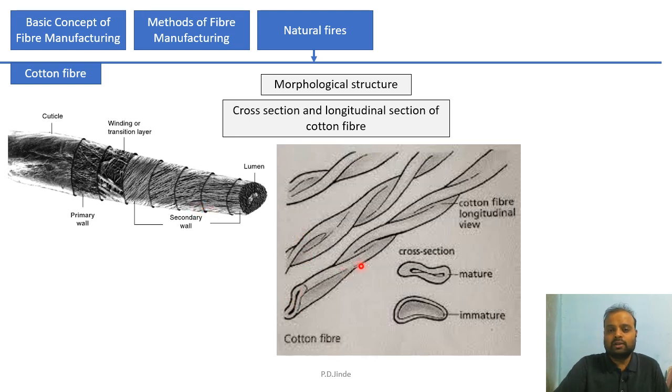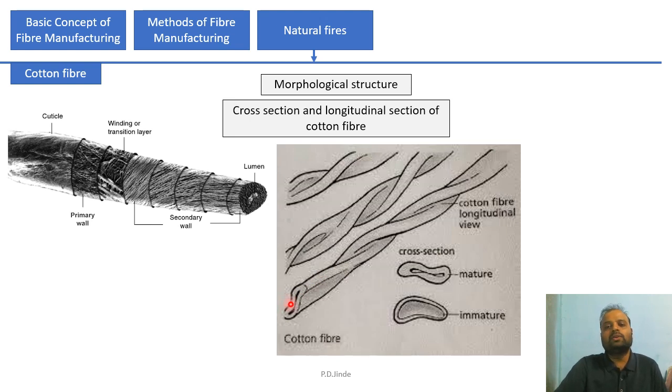Here the figure shows the correct real image, that is, the fiber is slightly twisted, or you can say it has certain convolutions. So the fiber is not a rod-like structure, rather it has convolutions, it has a certain twist, and because of this twist or convolution, the fiber gets a property called cohesivity.